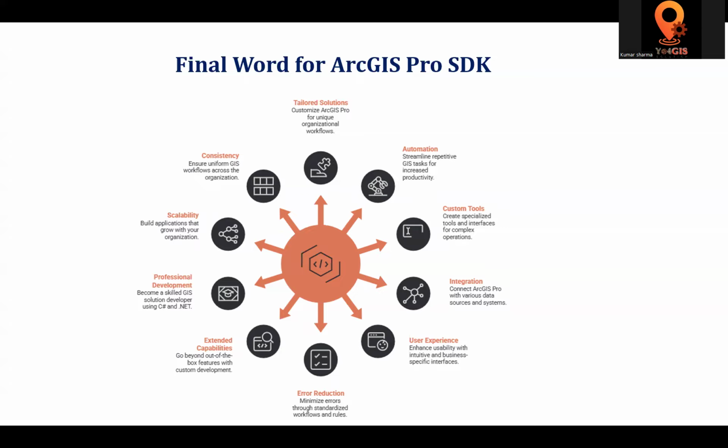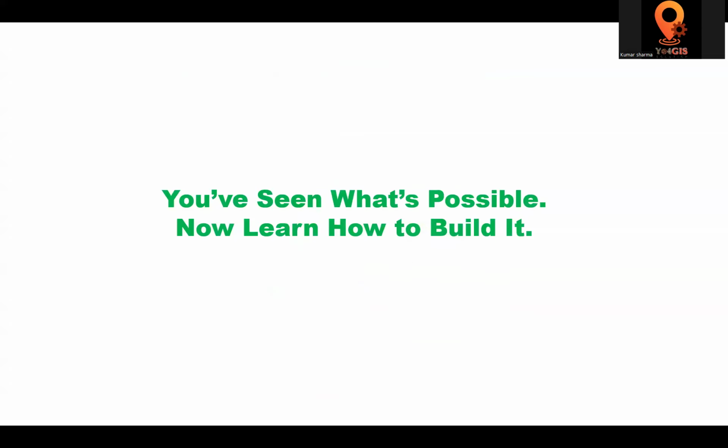So till now we have discussed what things we can do using the ArcGIS Pro .NET SDK, what plus points we have for the .NET SDK, and how we can extend the existing features of ArcGIS Pro.